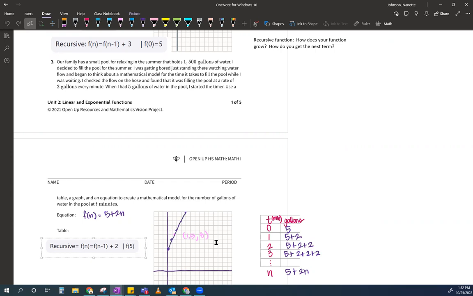Now, I know some of you are confused and you're like, what the heck, Ms. Johnson? So notice I don't go on the negative side because a negative minute doesn't make sense because she started the timer. There was no such thing as negative minutes, right? Some of you are thinking the minute before. Okay, for this one here, we connected it because 1.5 minutes makes sense. With 8 gallons made sense.